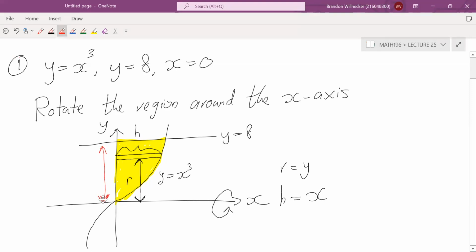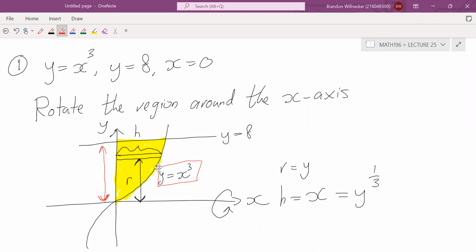That's the direction of integration. So we want everything in terms of y. So if y is equal to x cubed, then x is equal to y to the 1/3. That gives us the height there. I'm just inverting this equation to get the horizontal distance.